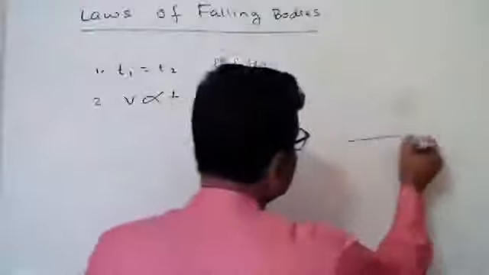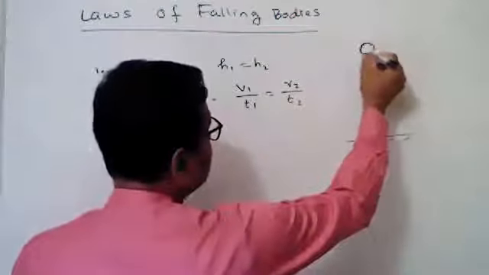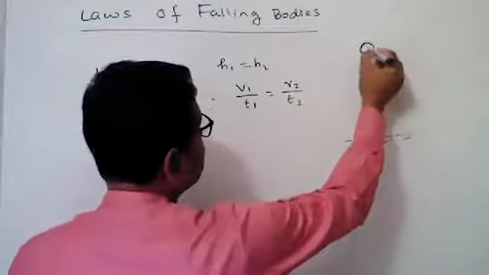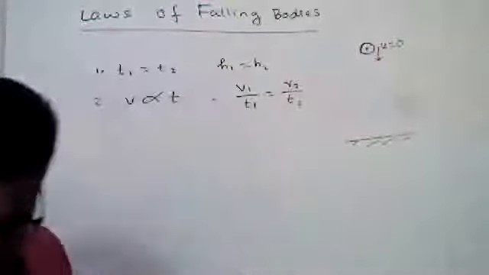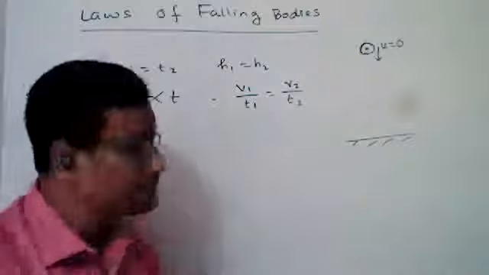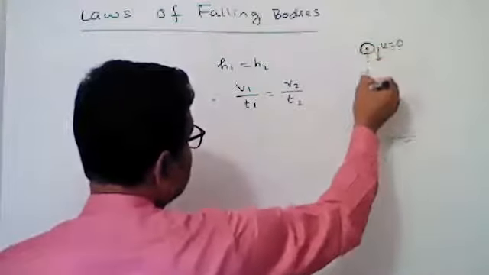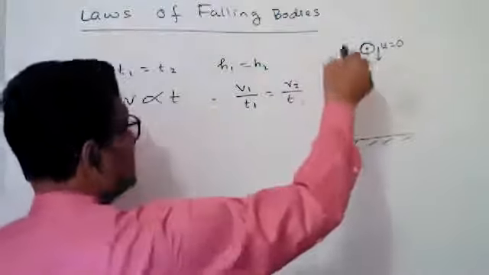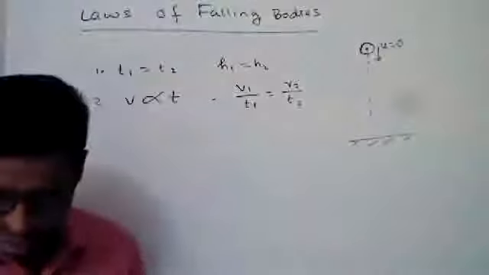Suppose this is the ground and an object is falling in this direction. At first the velocity is 0. For a free falling body, we know the initial velocity is 0, and as it comes towards the ground, towards the center of the earth, the velocity of the object will increase.